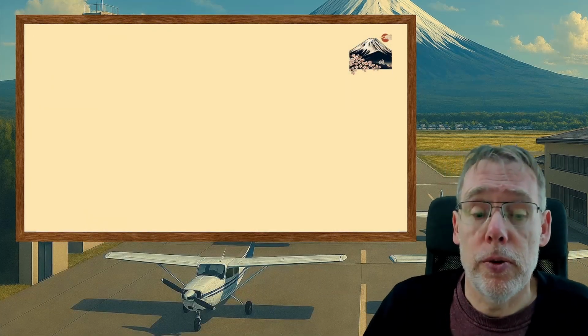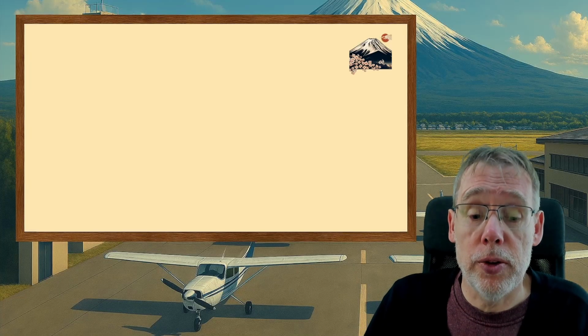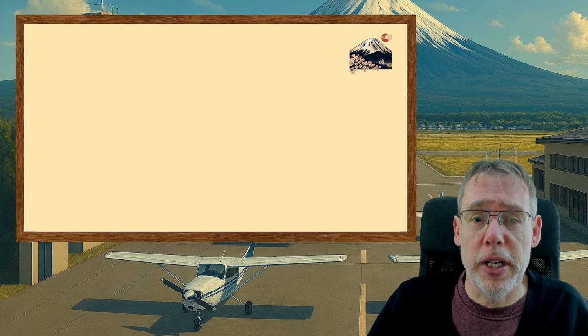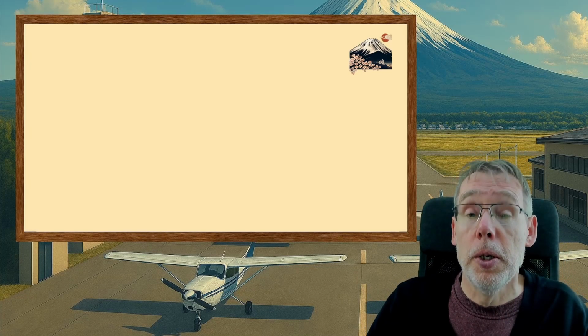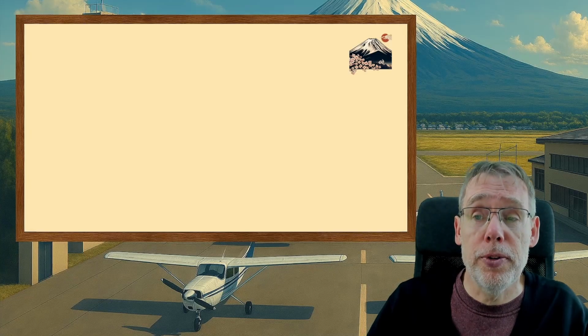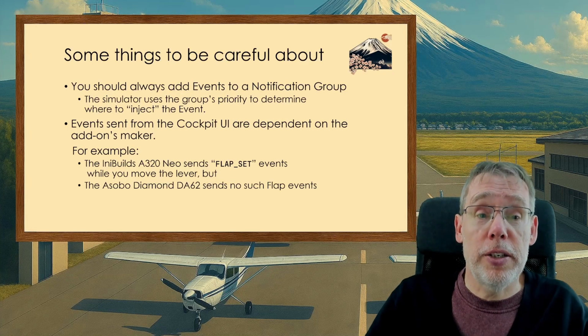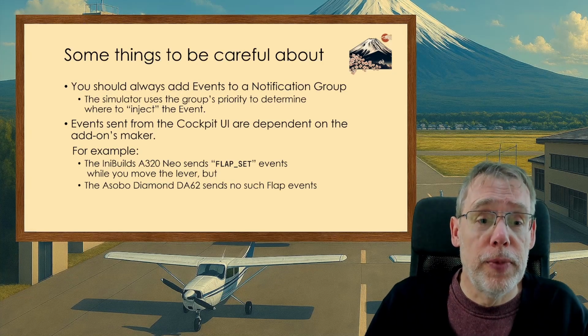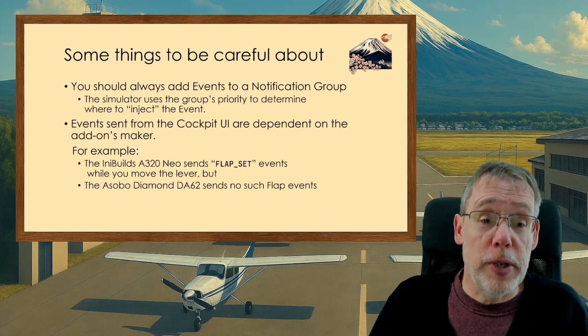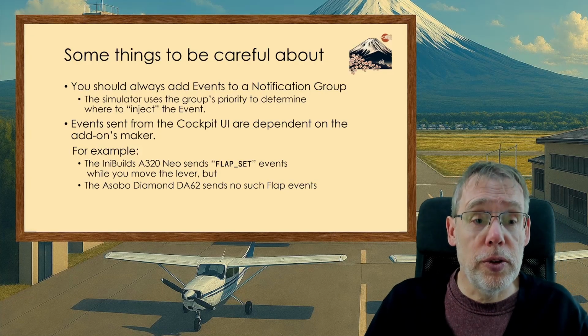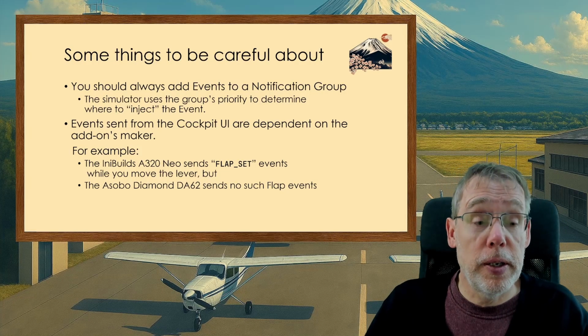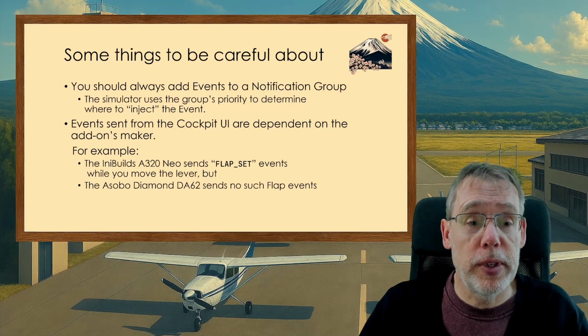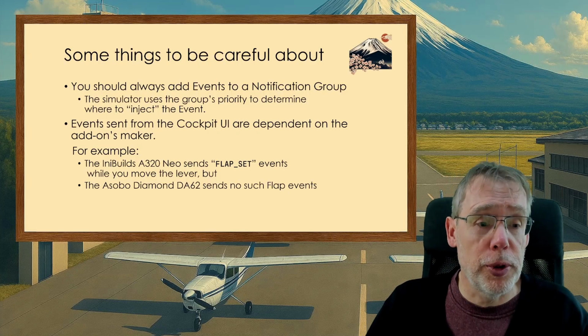Okay, so now we've seen how to subscribe to events, and we've seen a few examples of what happens. And there are things that you need to be careful about. You should always make sure to add events to a notification group that I already mentioned before, but let's repeat that because it's really important.